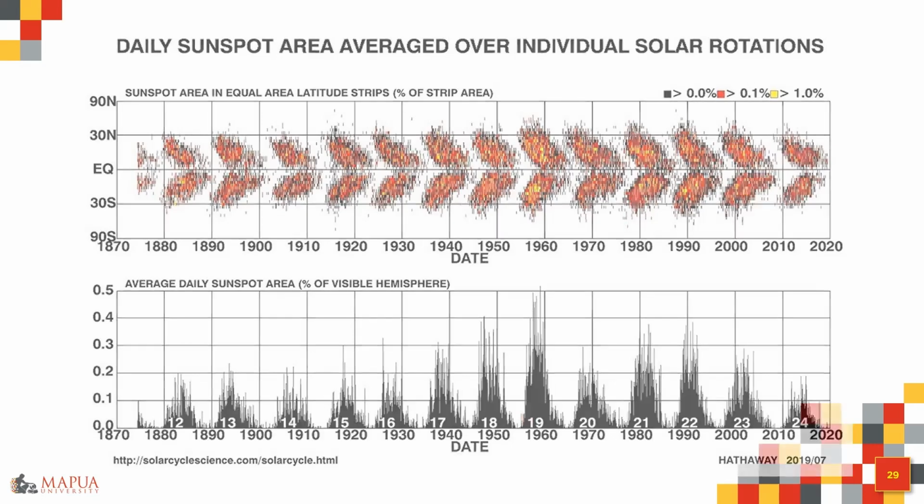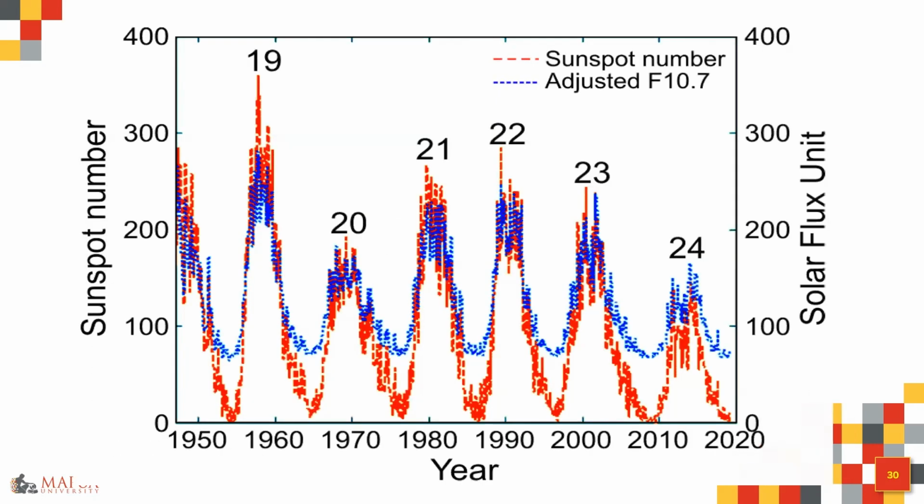It was found out that radio waves with a wavelength of 10.7 centimeters, which we call the solar radio flux F10.7, actually coincide with the same periodicity as your sunspots. So we can actually use F10.7 to parameterize solar activity as well, aside from sunspots.